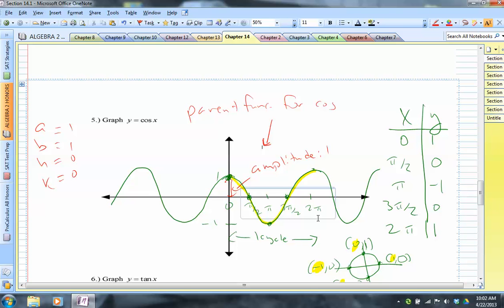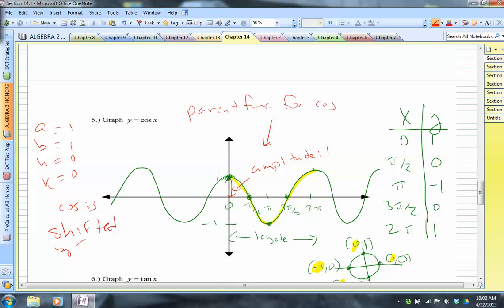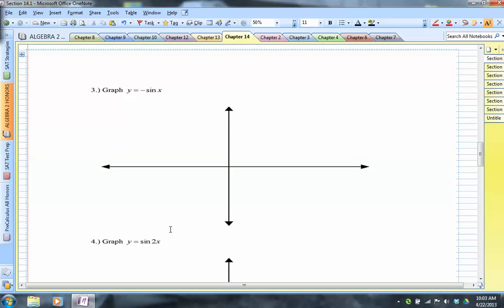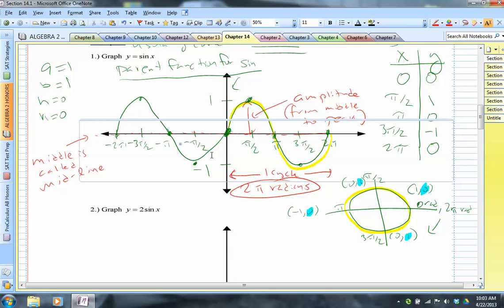Another thing that's important to notice is that the sine and cosine graphs basically look the same, but cosine is shifted by pi over 2 radians, or 90 degrees, from sine. If you were to take the sine graph and move it 90 degrees to the left, you basically will get the cosine graph.